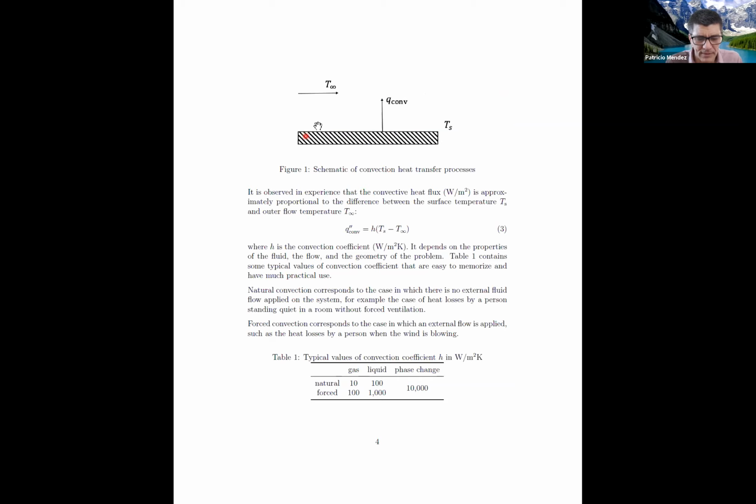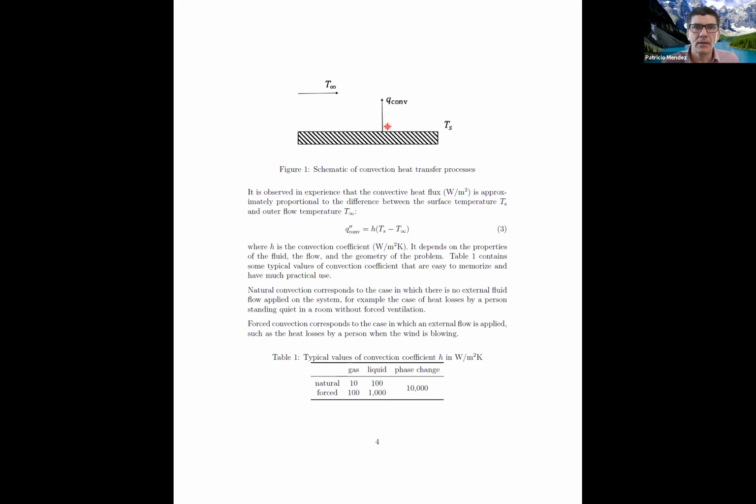Okay, let's say we have a surface that is this one over here. And this surface is at a temperature that we're going to call Ts, following the same notation of the book. Ts is for temperature at the surface. Over this surface, we have a fluid.